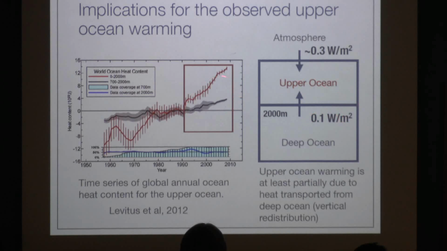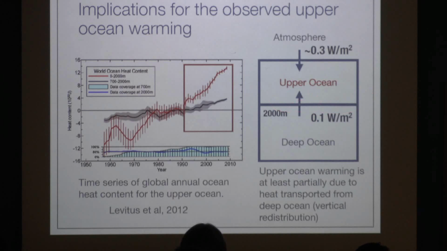So what you see here, at least from this product, is that the warming of the upper ocean is partially due to the heat it received from the atmosphere. It is also partially due to the heat from the deep ocean. So this vertical redistribution of heat inside the ocean actually plays a quite important role in interpreting the observed warming.